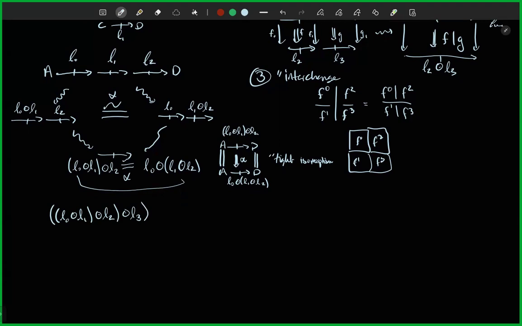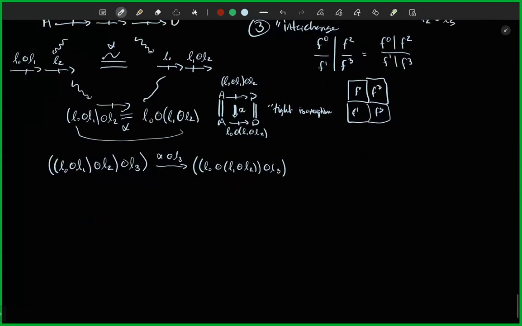Okay, so suppose I start completely associated in this direction. Now I can take one step of the associator here and reassociate in the first component. Right? So this is going to be alpha dot L3. Okay.